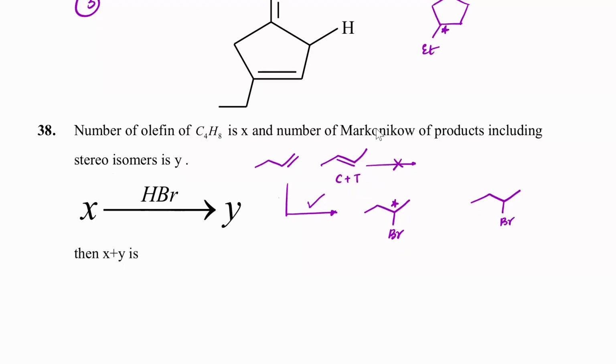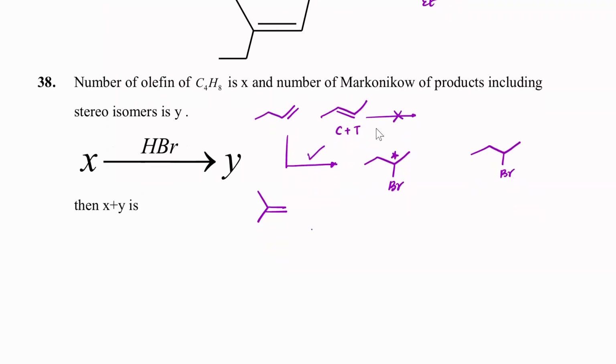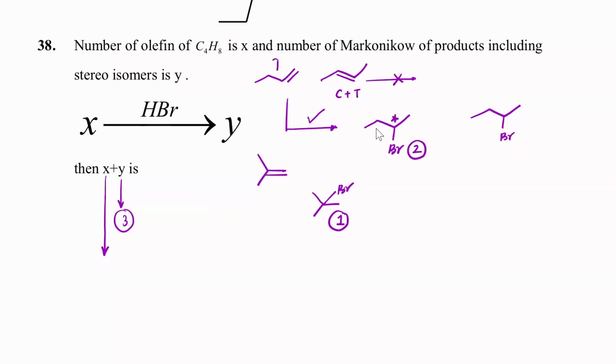Okay. Now what is the other olefin I can get? I can get a double bond like this. Here also I can have a Markovnikov addition. So we can have a Br here. So here we'll get two products. Here I'll get one product. So using Markovnikov, I'll get three products here. And total number of products of X will be equal to, this is 1. Here there are cis and trans, 2, and here it is 1. So total 4.